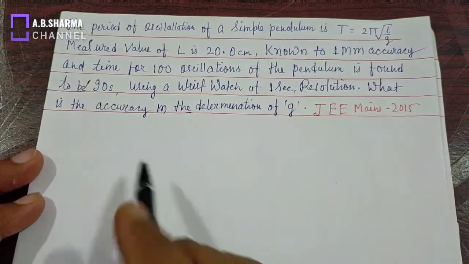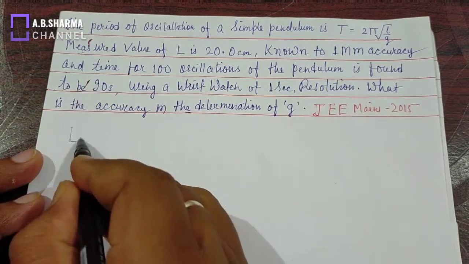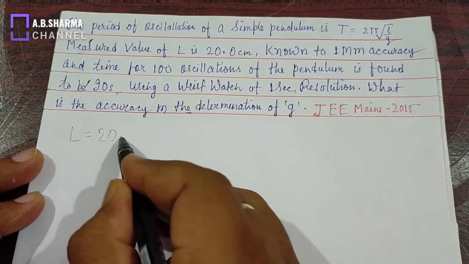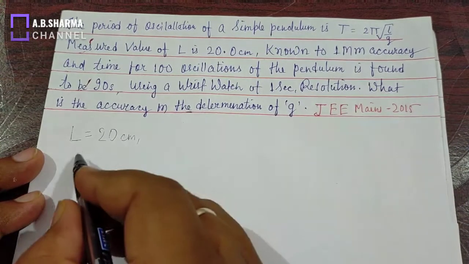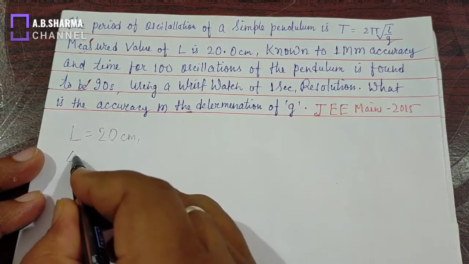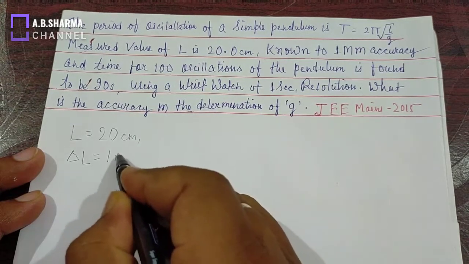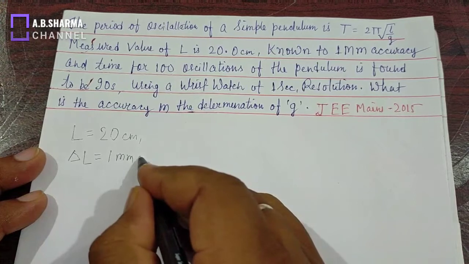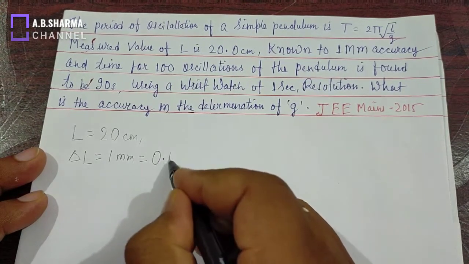L is given 20 centimeter, known to 1 mm accuracy. It means delta L is given 1 mm. We have to convert mm into centimeter, so this will become 0.1 centimeter.